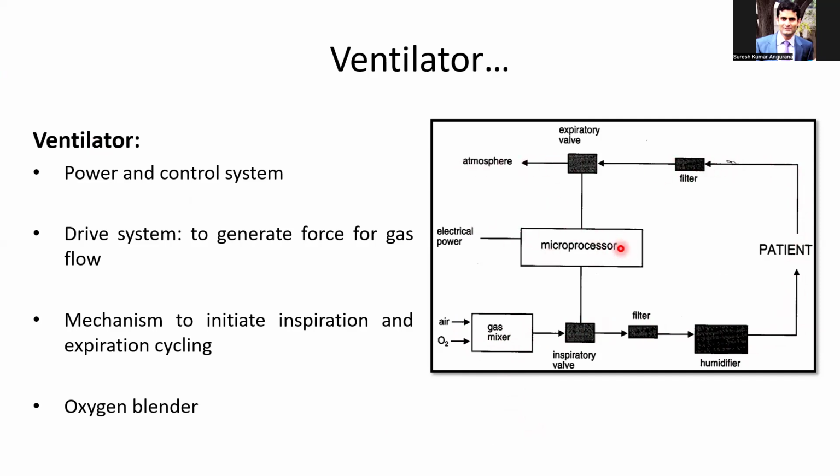In between, inside the ventilator, there are several microprocessor assemblies with a control system which controls inflow and outflow of gases, how the pressure is being delivered, how the volume is being delivered, and how the flow is being delivered. Those are the things inside the ventilator, providing very fine control of ventilation.